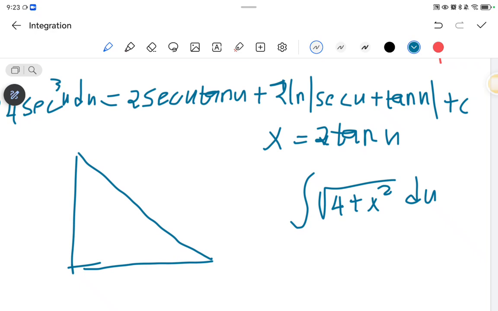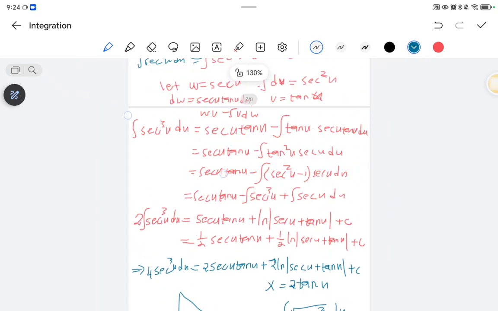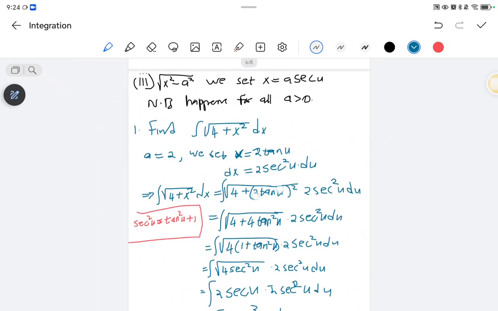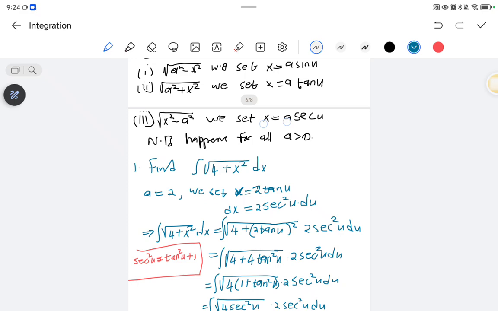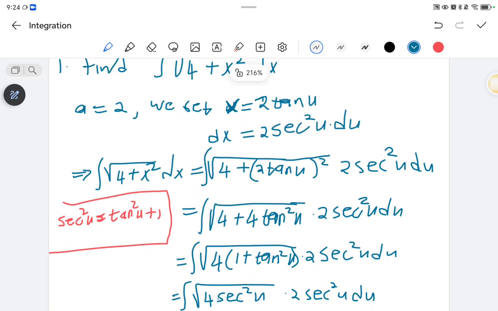So to simplify this, let me go back. Where was the initial question? We say that a is 2 and that x is 2 tan u. We agree, right? And now we want to see what we can get from this.